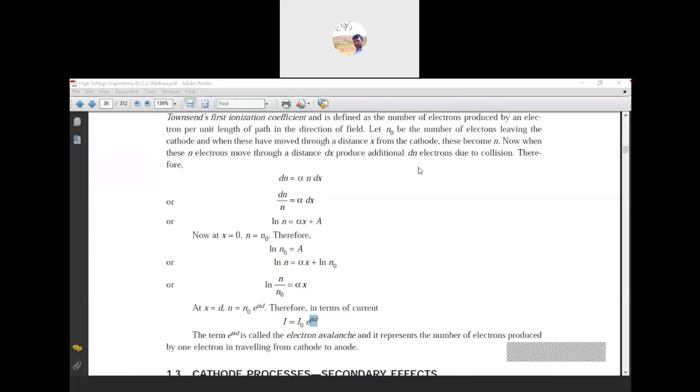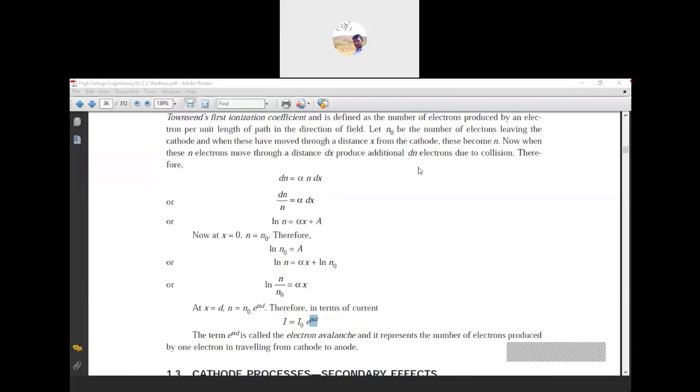In this equation, I is the total current, I naught is the initial current, alpha is the Townsend coefficient, and d is the distance between the two plates.